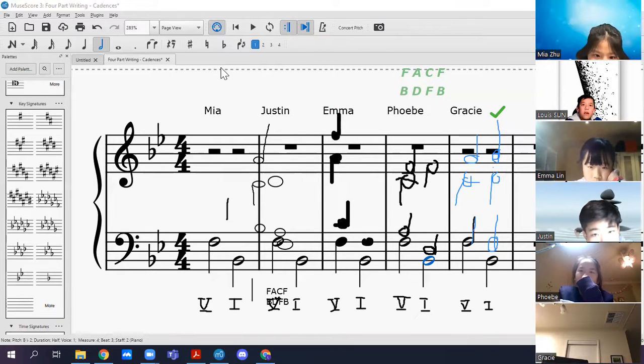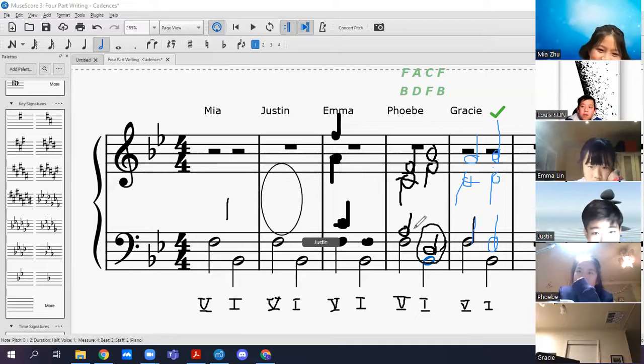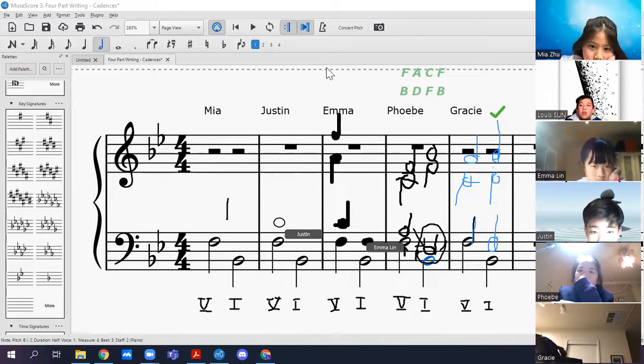Phoebe, your tenor here is lower than your bass. See? The F in the bass is higher than your tenor in the next. And also it's too big of a leap.